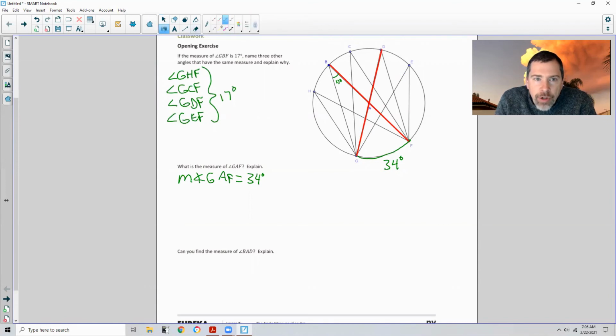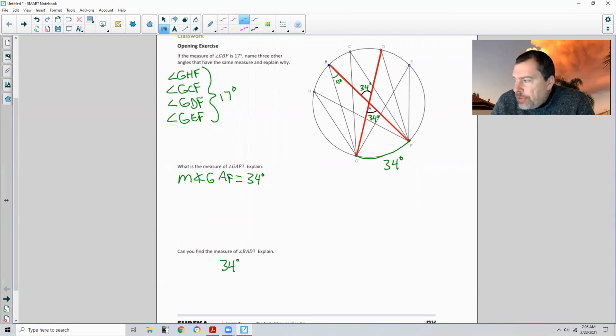Now we have what are called vertical angles. So this angle here and this angle here are congruent. Since the measure of angle GAF is 34 degrees because the central angle equals the intercepted arc, then the measure of angle BAD is also 34 degrees because vertical angles are congruent.